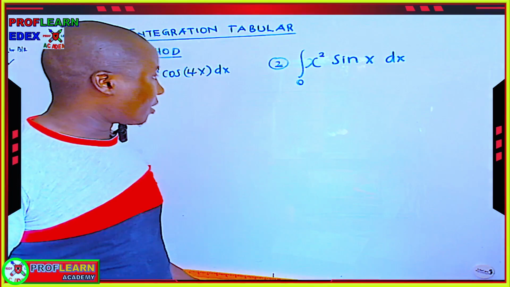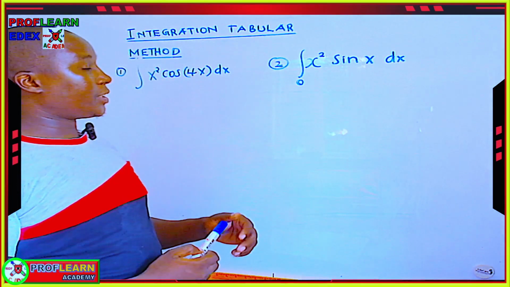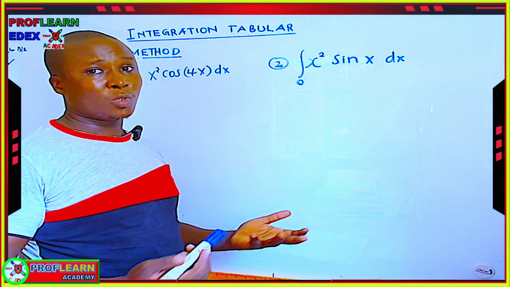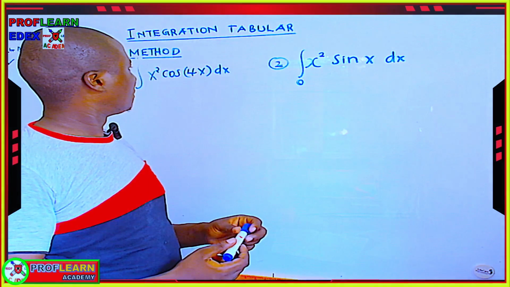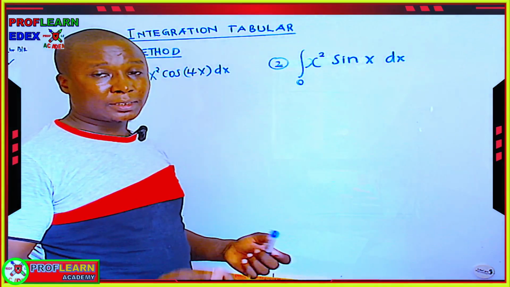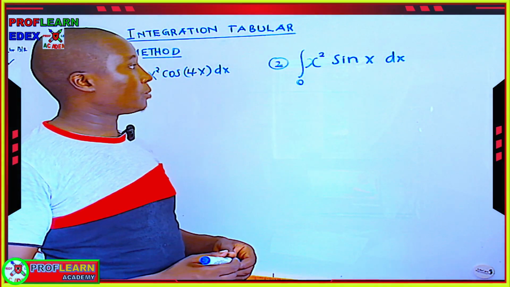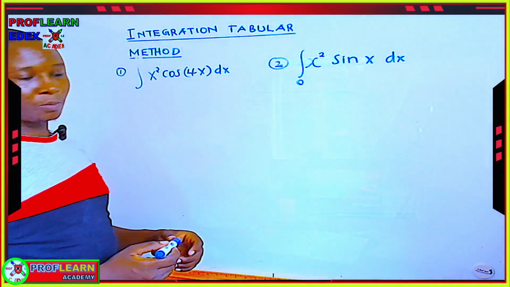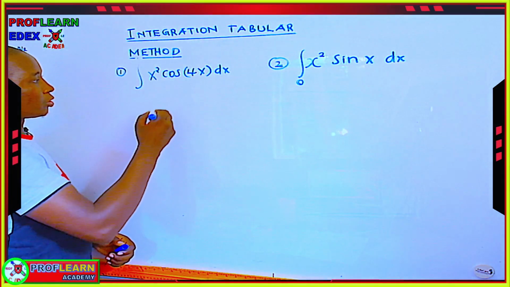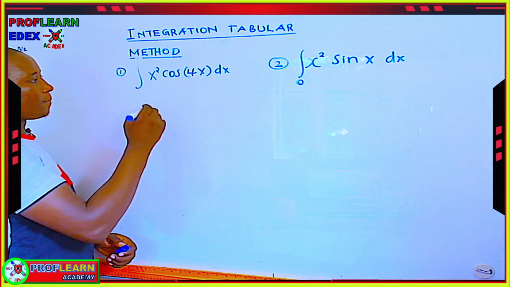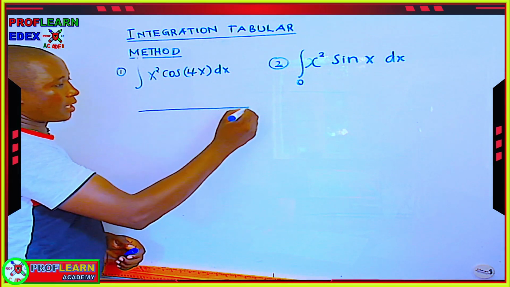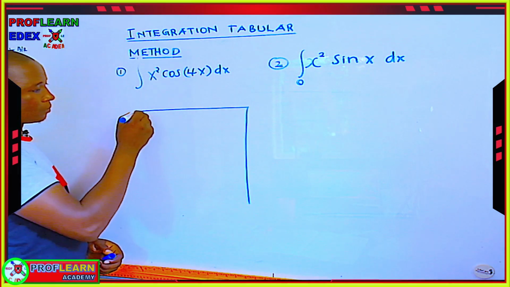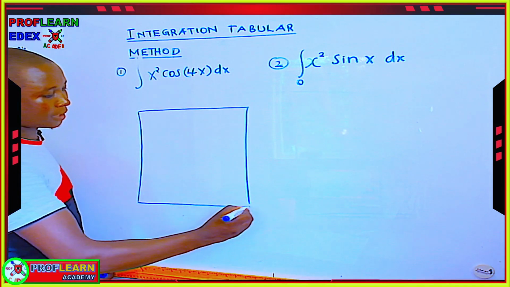Sometimes you may be required to work out this kind of integration, whereby you can use integration by parts, but I want to show you how you can use the tabular method in order to perform this integration. So the first thing that you need to identify is that we are going to have a table, hence the name tabular.